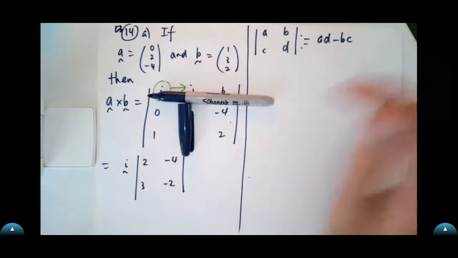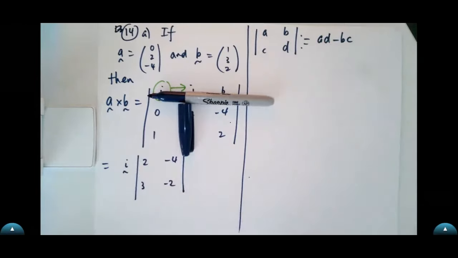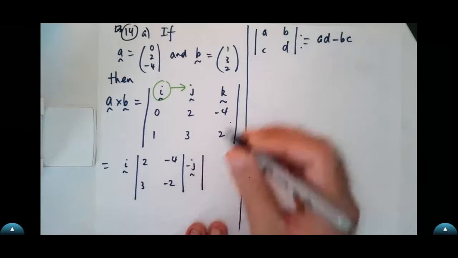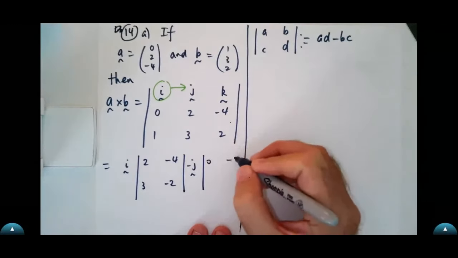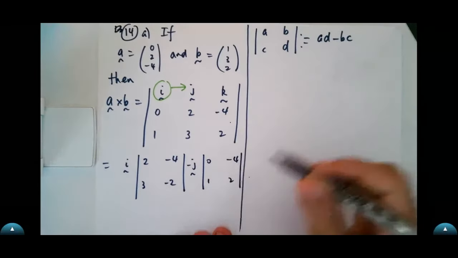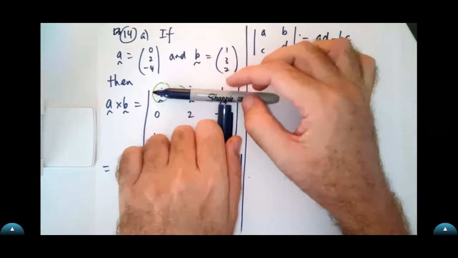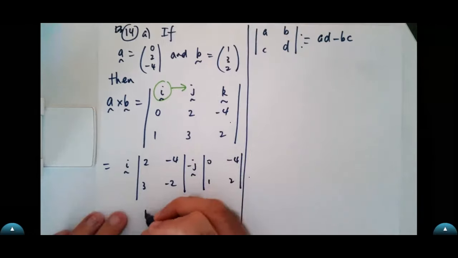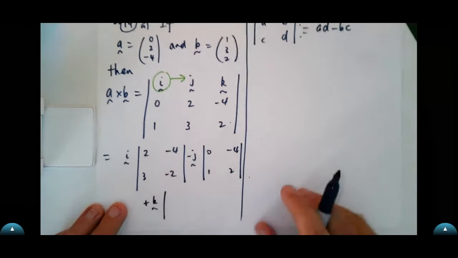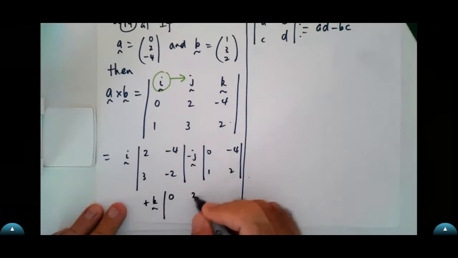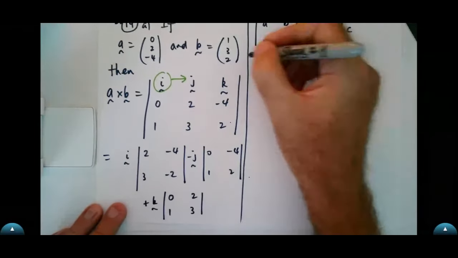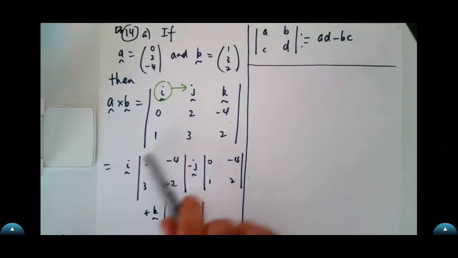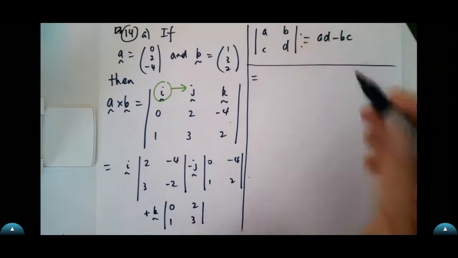It's j times the determinant of that thing, but you change the sign, so it's a -j. And the last thing, you get onto the k, and it's k times that. Go back to the same sign. You can use this definition of a determinant up here to work out these determinants.